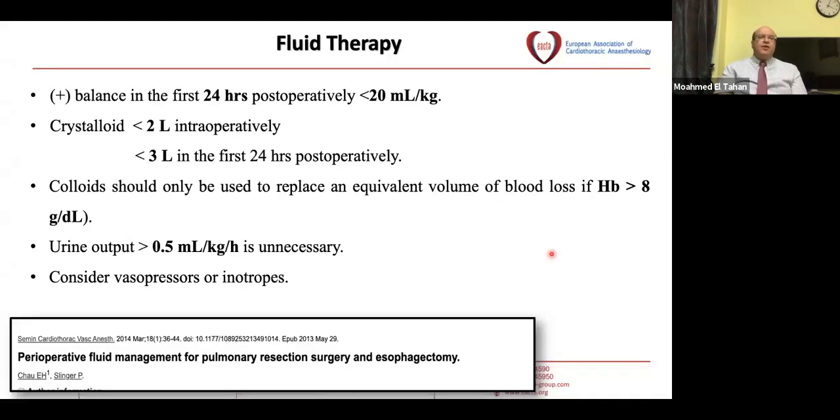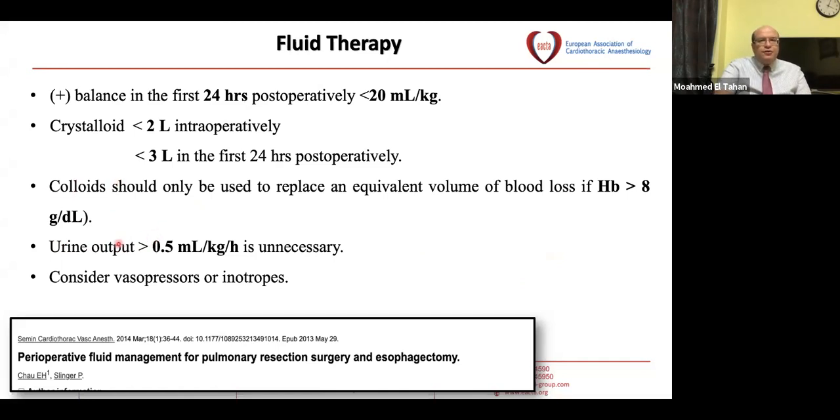In general, you have to maintain a balance: within the first 24 hours of surgery, less than 20 milliliters per kilogram. You shouldn't use more than 2 liters of crystalloids intraoperatively, and 3 liters during the first 24 hours. Colloids: only reserve them if you have to replace an equivalent volume of blood loss. However, if you still have hemoglobin greater than 8, you don't need to transfuse; here you have to use colloids.